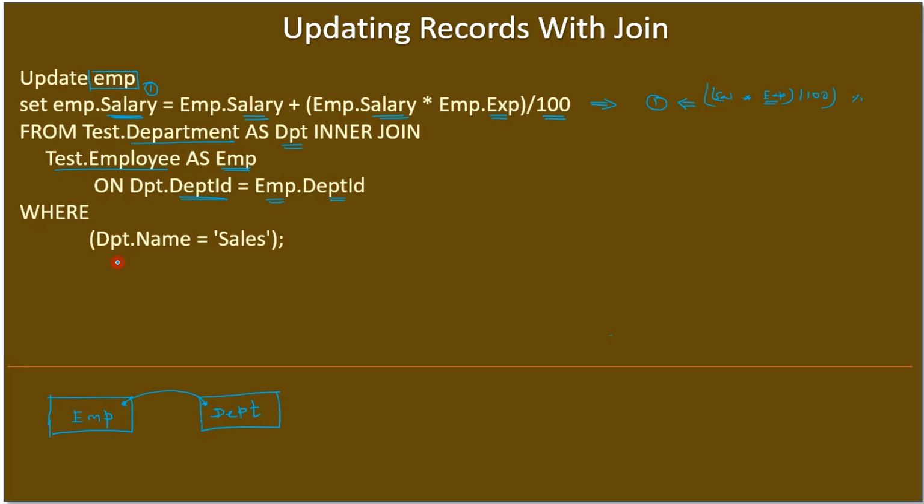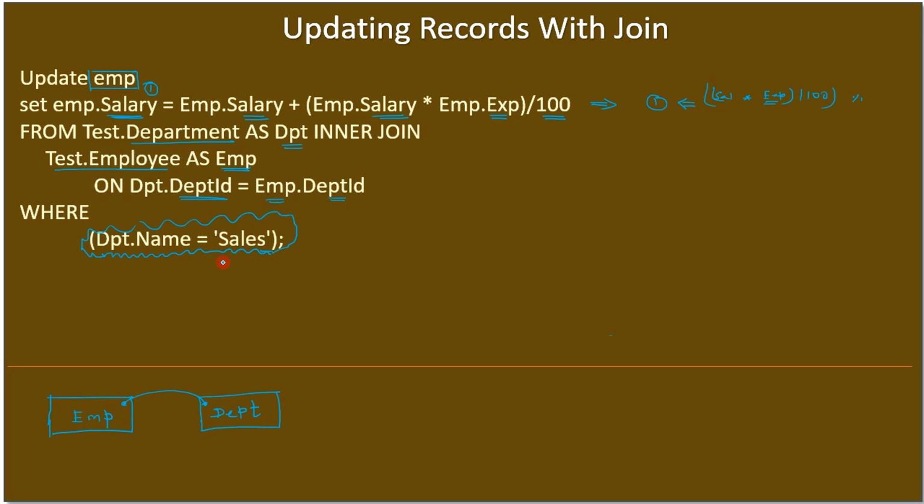Then in the where condition, department name equal to sales. To make this condition we are performing the join. It would be easy to use the employee table itself, where emp.dept id equals a specific id.